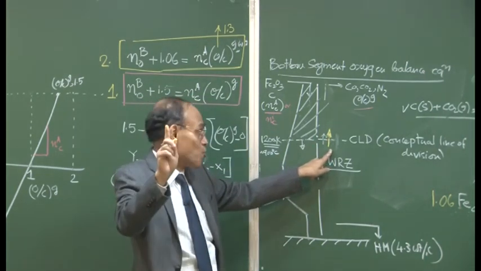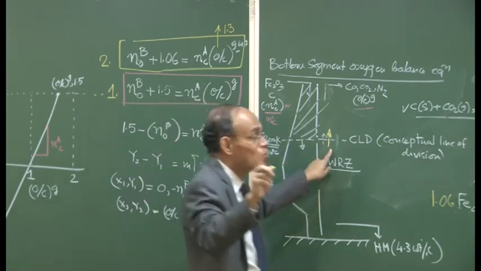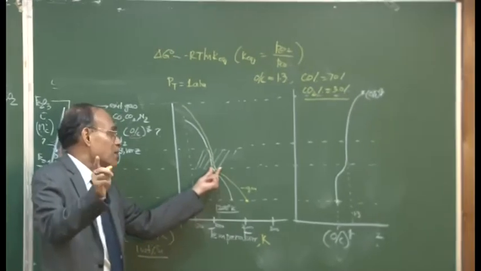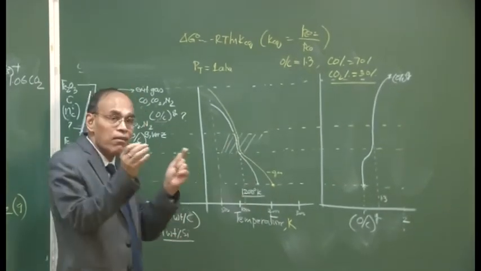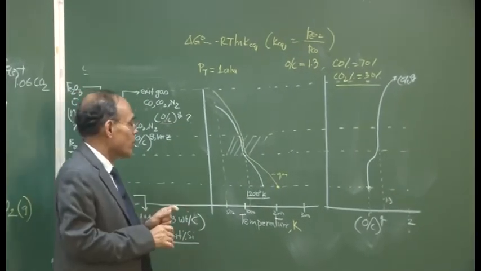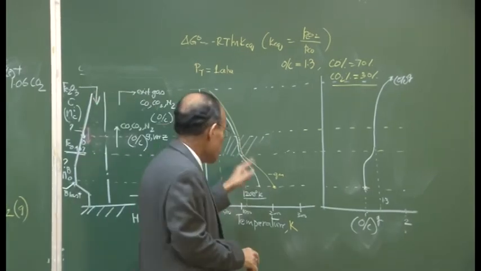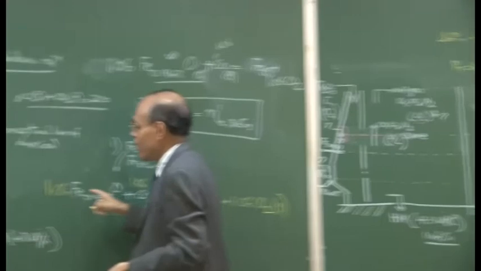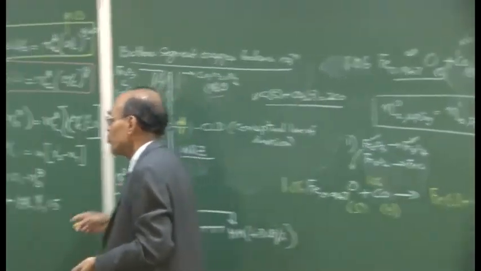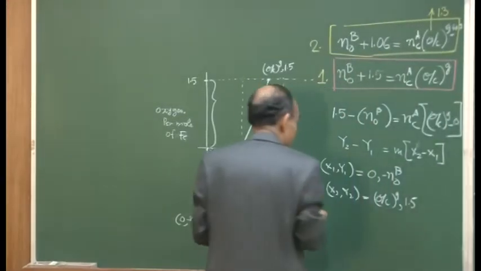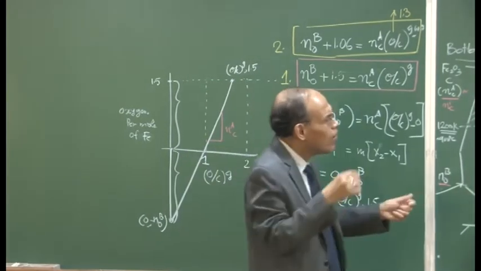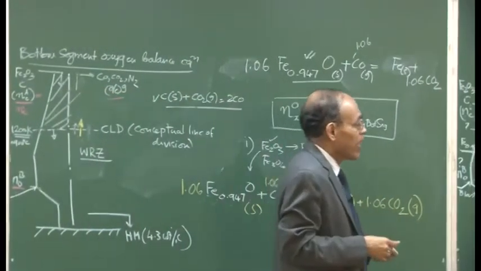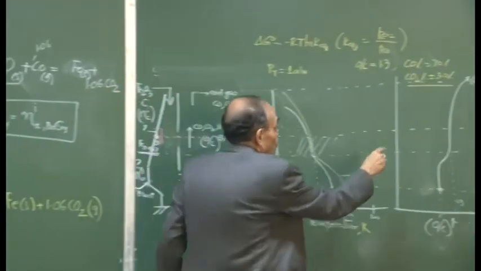I hope you understood this particular point, that this is based on the consideration that the similar temperature of the gas and the solid phase really corresponds to about 1200 Kelvin. As you apply the thermodynamics, assuming that iron is in the pure phase and wustite is also in the pure phase, their activity is equal to 1, and then you can do an order of magnitude calculation, or a reasonable estimation, of the gas composition, which yields 1.3.